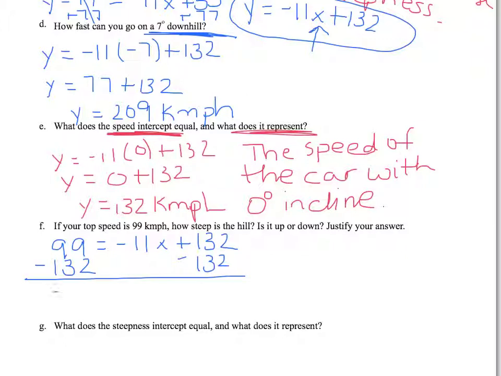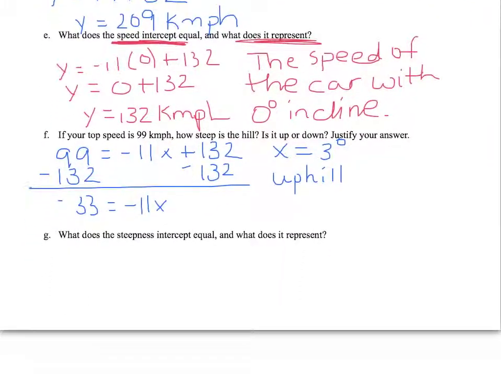So we have negative 33 equals negative 11x. So x is equal to 3 degrees, and it's uphill, and I can tell because my answer ended up being positive. I will take math as justification for what you've got there.